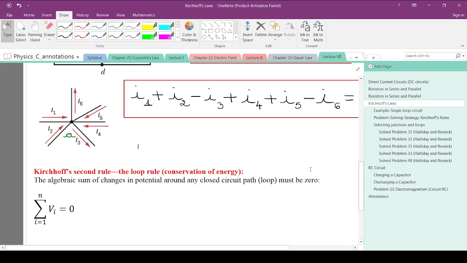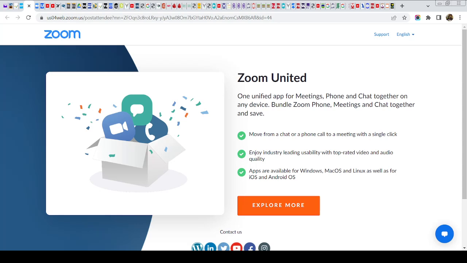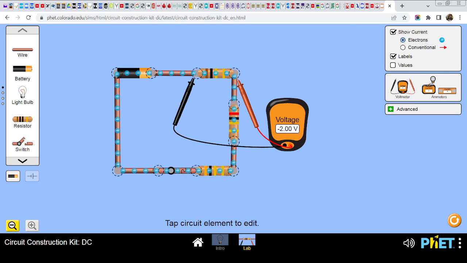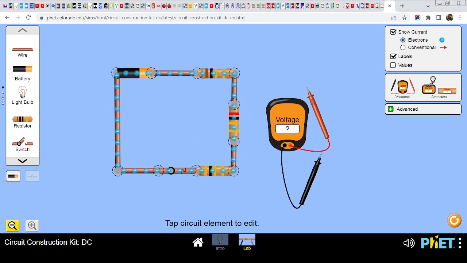Just to finish this, I would like to show you again the simulation here. Let's go to our simulation, and again we can see the current here.